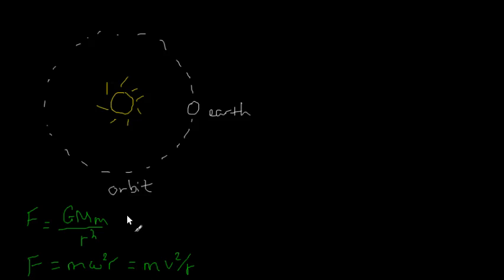Okay, r here refers to the distance from the circle to the center of the circle, and in this case, capital M is the mass of the Sun, for example, and little m is the mass of the Earth.